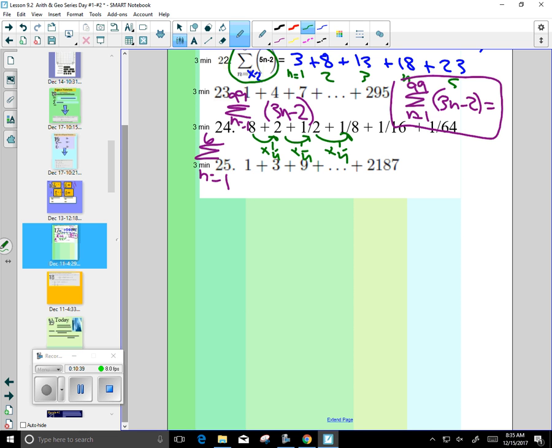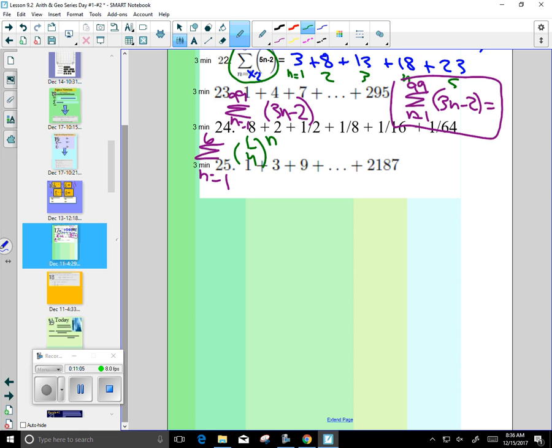Now, we're not going to do 1/4 times n this time. What we're going to do for geometric is we're going to do 1/4 to the n. So one more time. If you're adding the same, you're going to take that difference times n. If you're multiplying by the same, you're going to take that to the n.